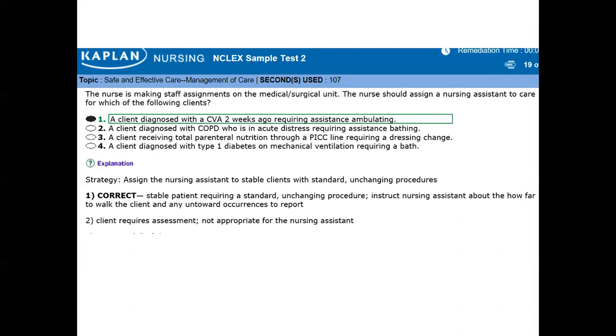If the client's condition changes and needs assessment, always the RN does this. During admission, the RN should do this. During discharge, the RN should do this. Or transfer from one unit to another unit, the RN is supposed to do this.